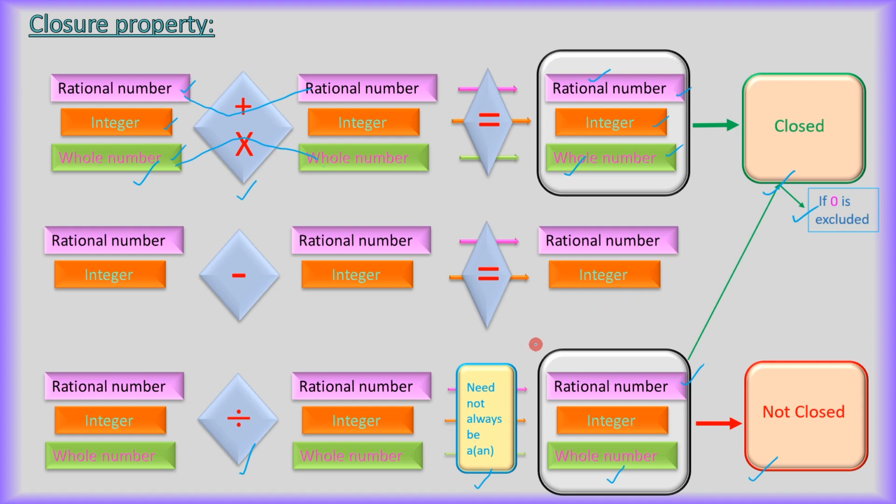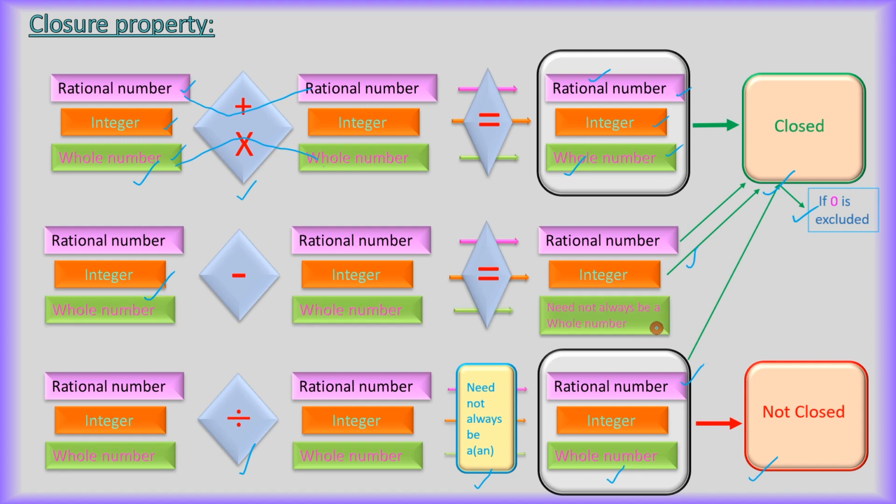In the same way, we can say rational numbers and integers are closed under subtraction, while whole numbers are not closed under subtraction. Because when we subtract a whole number from another whole number, the answer need not always be a whole number.